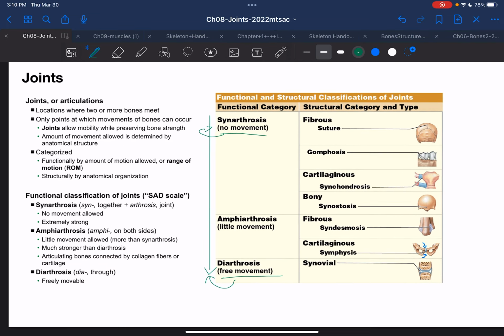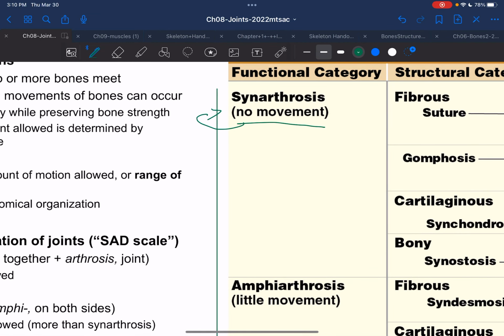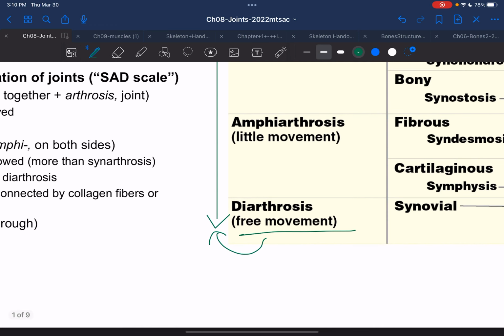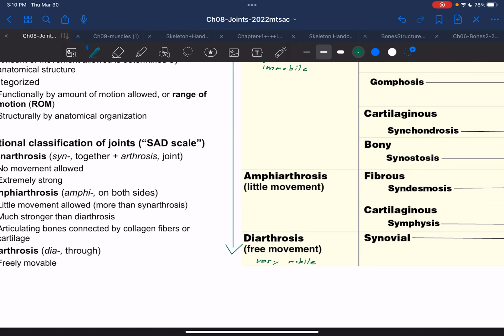If you want to make it even simpler, you can consider this as immobile and very mobile. And here with little movement, I think that's self-explanatory, slightly mobile, almost the same meaning.